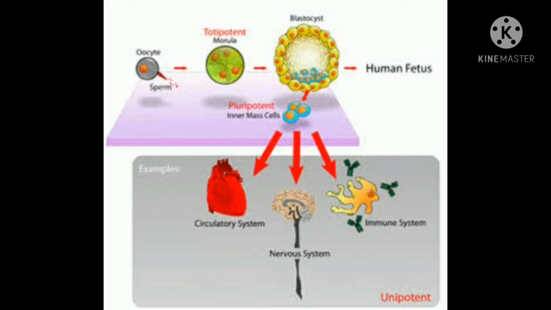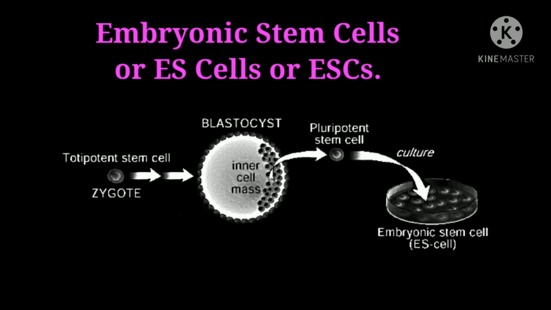Human embryos reach the blastocyst stage 4 to 5 days post-fertilization, at which time they consist of 150 cells. Let us see the definition and other important details of the embryonic stem cells.